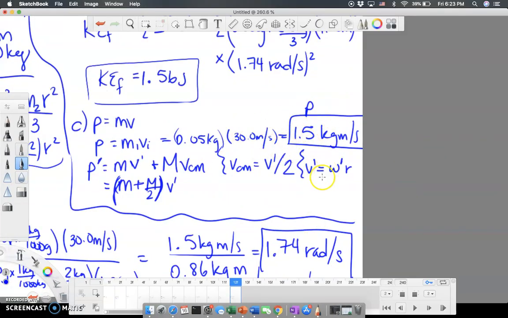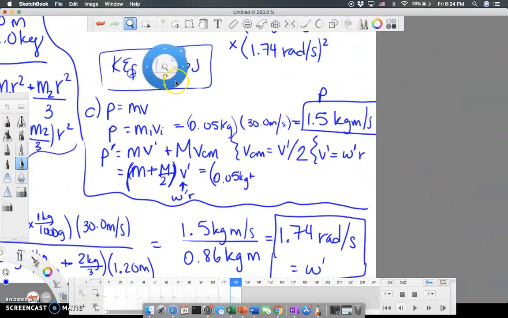Okay, so I'm going to go ahead and plug that in here. This is going to be omega prime times r. My first mass is 0.05 kilograms. My second mass, I believe, was 2 kilograms. Yes, 2 kilograms.